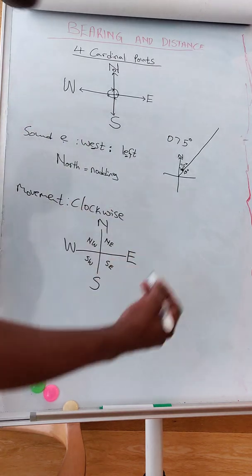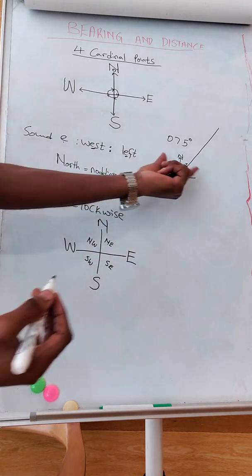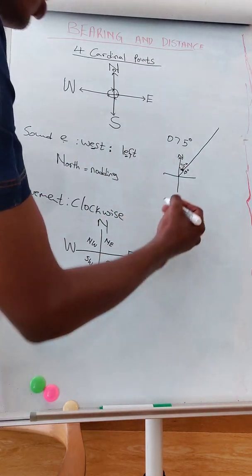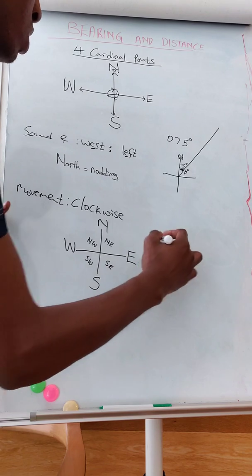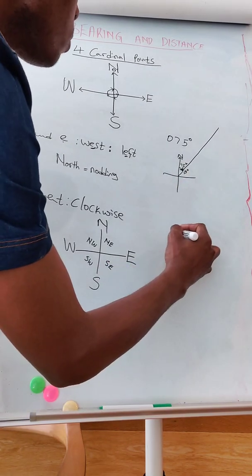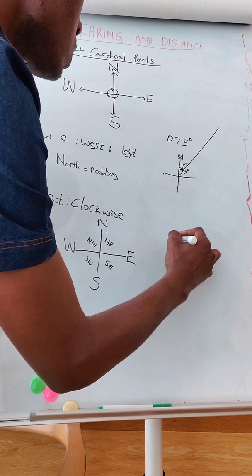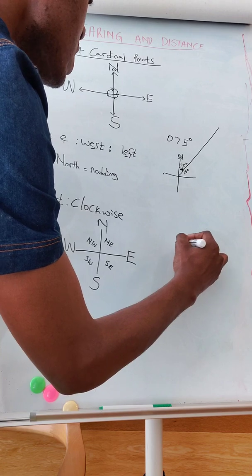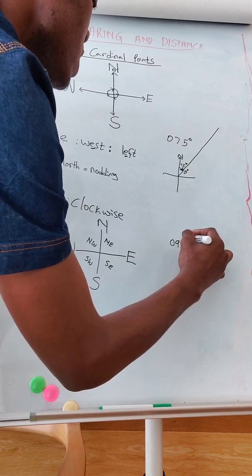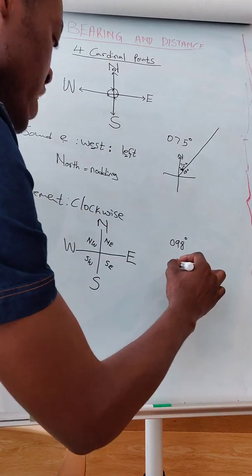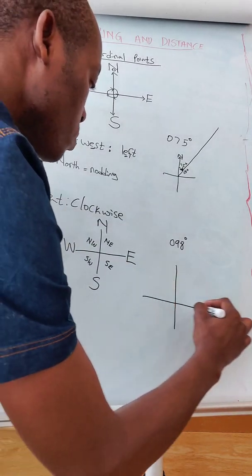Let's take, for example, this 75 knots that we have written here. The 75, okay, let me use another number anyway. Let's use 098 degree to explain this. 098 degree will be in this form.